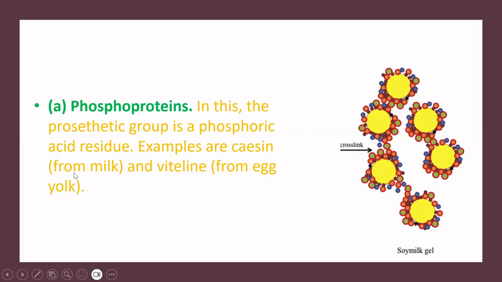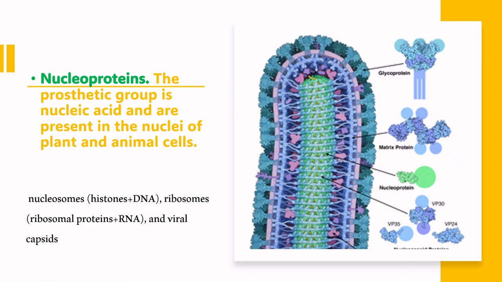Casein is the protein present in milk, or vitellin, which is the protein present in egg yolk. The second conjugated protein is nucleoprotein. And in nucleoprotein, the prosthetic group is nucleic acid, and it is present in the nuclei of plant and animal cells.